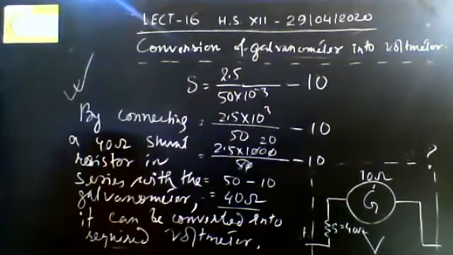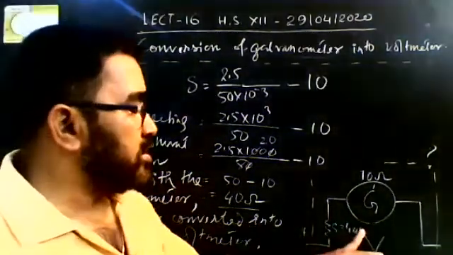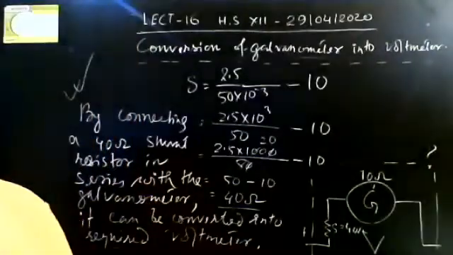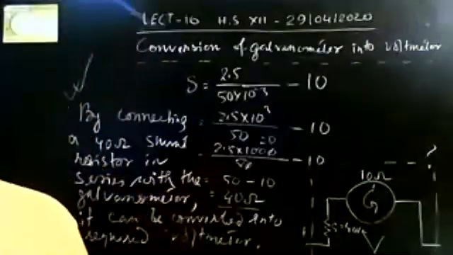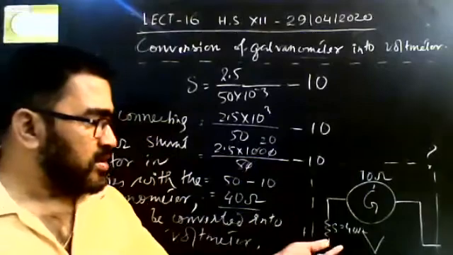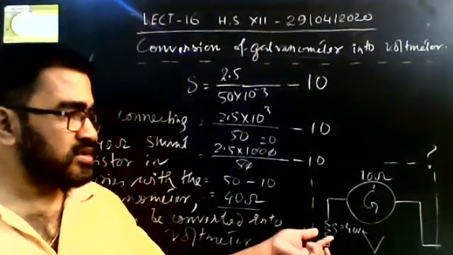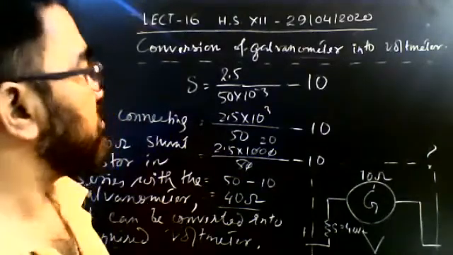In this way you can convert a galvanometer into a voltmeter. And if you connect low resistance in parallel, it will be an ammeter. If you connect high resistance in series, then it will be converted into a voltmeter.